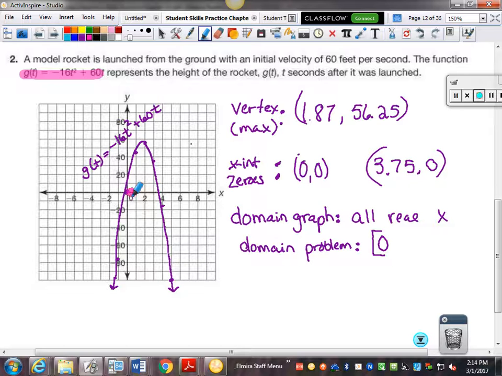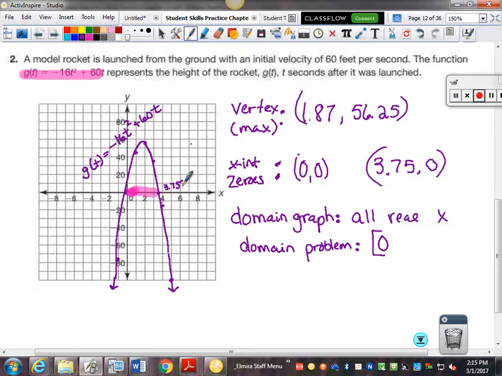Okay, x values. The rocket is launched, time is going by, and then the rocket lands. And once the rocket lands, the experiment is over. We hit stop on the timer. And we're not talking about any time after that. Because if we look at the picture, it would look like after 3.75 seconds, because that's what this is right here, 3.75, the rocket went underground.